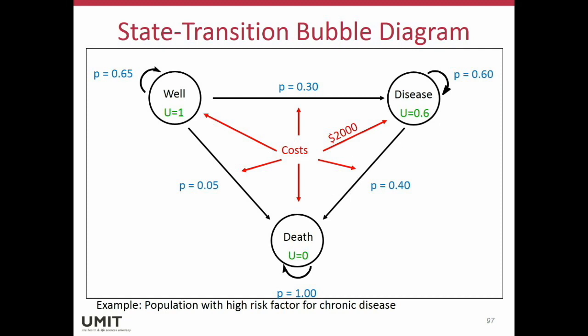These are these black arrows. So people could stay well, they could get the disease, or they could die. You attach the respective probabilities to the transitions. And of course, here we also incorporate the utilities and costs. And how we do this exactly, we will see in a minute, when we have digested the other modeling approaches a little bit.